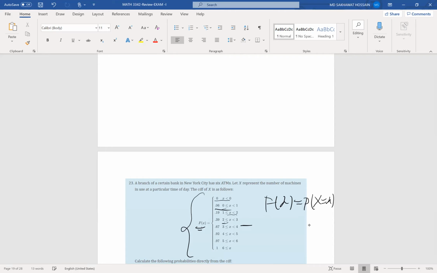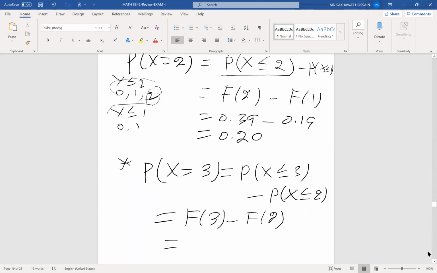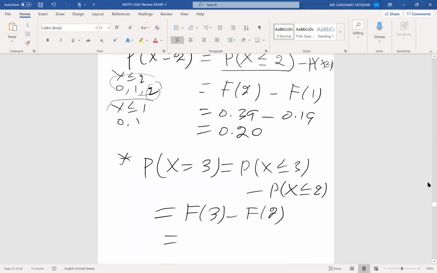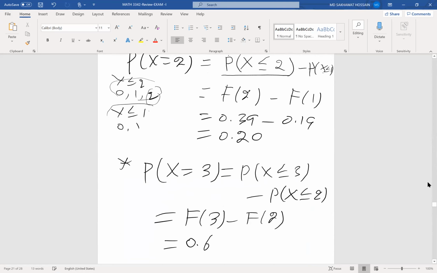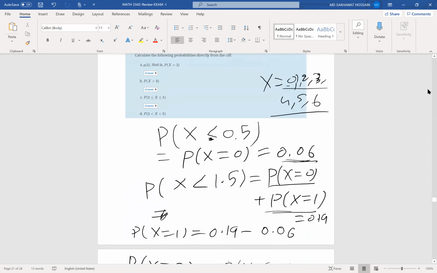And f of 2 is 0.39. So this probability will be 0.67 minus 0.39. And similarly, we can calculate f of 4, f of 5, and f of 6.